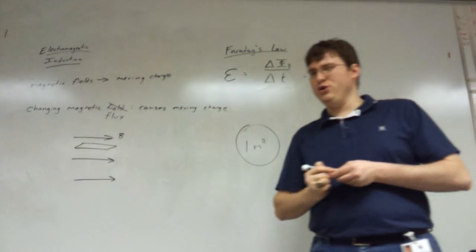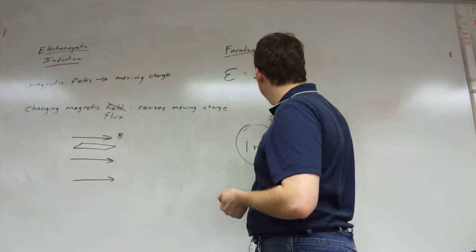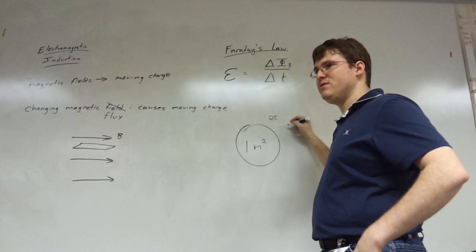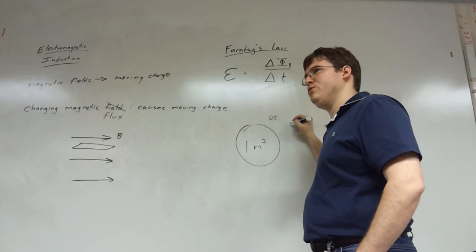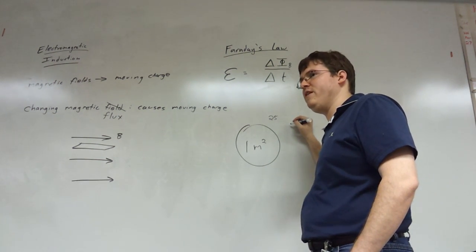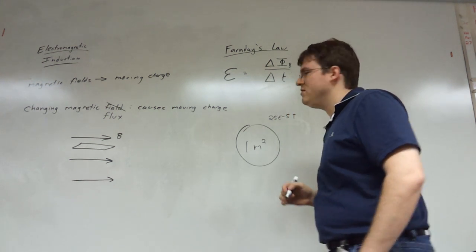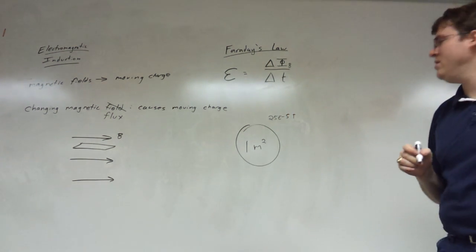Now the Earth's magnetic field is around 25 Gauss, right? Or is it 250 Gauss? Or is it 2.5 Gauss? It's like 25 e negative 5 Tesla. I'm pretty sure that's right.